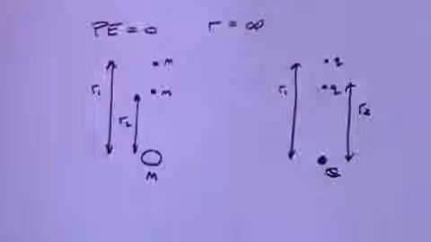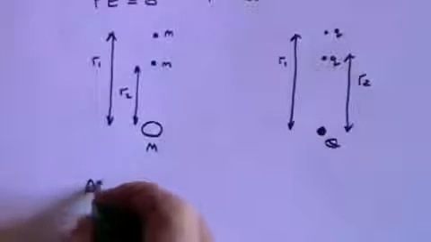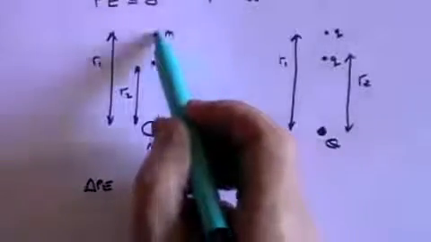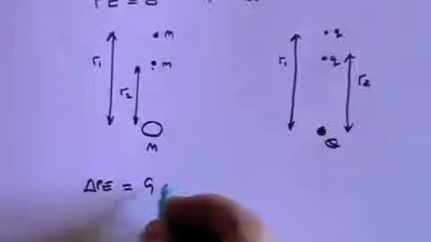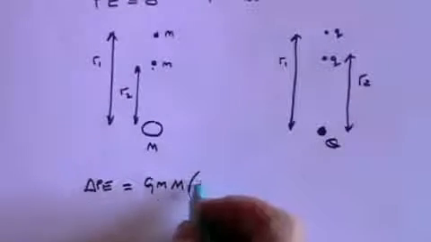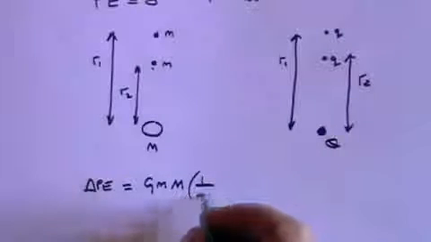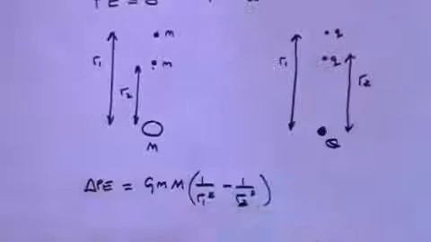And what you can say is that the difference in potential energy between the mass at this point and the mass at that point is equal to G M M into 1 over R1 squared minus 1 over R2 squared.